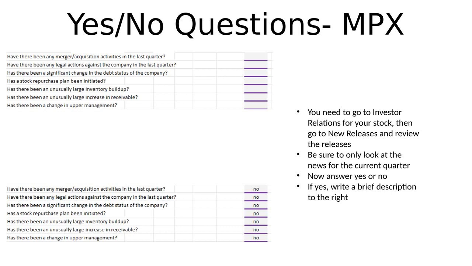Unusually large increase in receivables? These are questions you want to know, and you find it from the quarterly report. If it's a yes, I normally put a brief description just to the right of that yes. Very brief. Like if they changed the CFO, I put new CFO and the CFO's name.